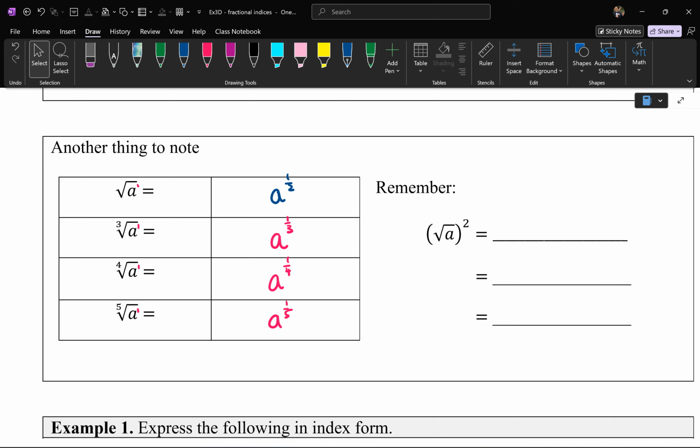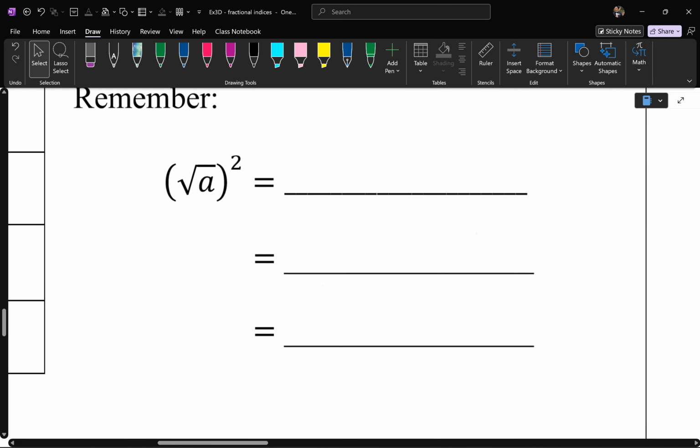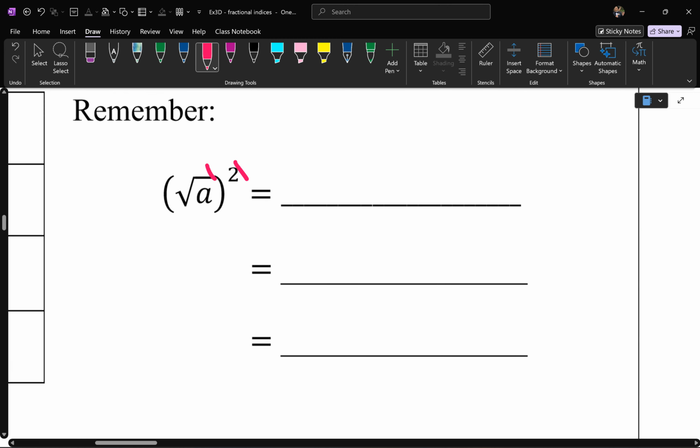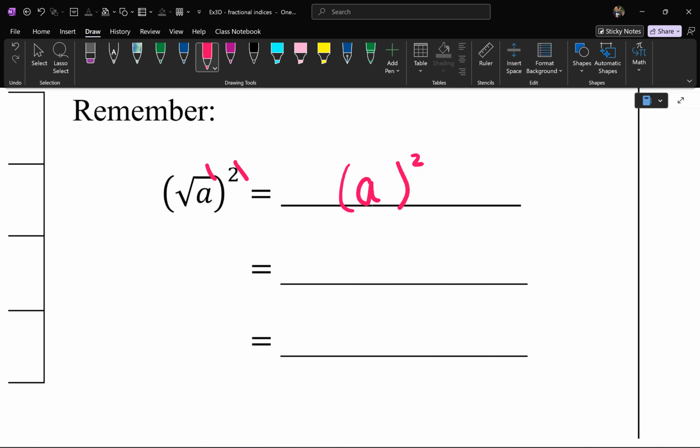The reason why they both cancel and why this rule has to be true is because a to the power of what? We don't know what the power is. It has to end up being a to the power of 1, because they're meant to cancel out. So you're meant to get a to the 1. Then rule number 3 states what? What do you say about the 2 in rule number 3? What can you do?